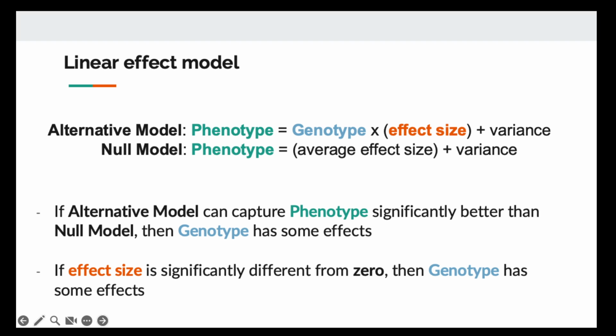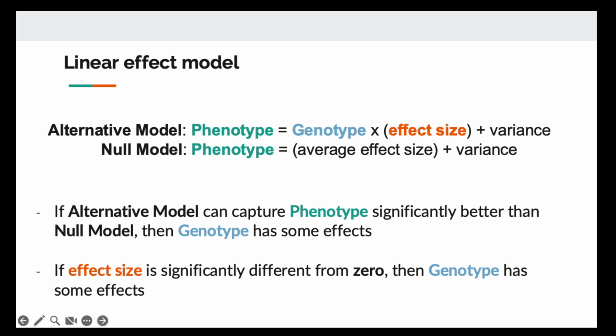This will be our model if we believe that genotype contributes to the phenotype. But our null hypothesis, our reference model, will be that phenotype is actually random. Genotype doesn't affect it at all. It's just a certain average effect size plus or minus some variance. So we have 2 alternative models. One where genotype plays some effect, and the other one where there is no genotype effect.